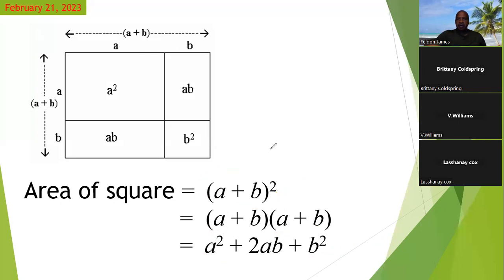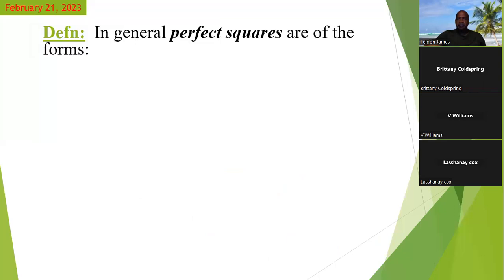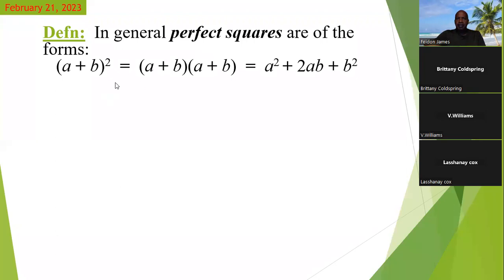All right, so we're going to just take these features and relate them to factorization, right? So in general, perfect squares are of the form, and this is the general form. And remember, I said to you that this would have been the factorized form, and it can also be written in this form.